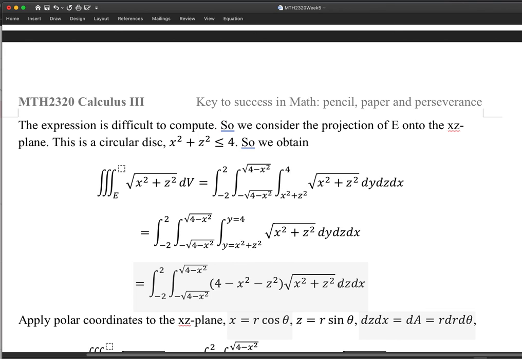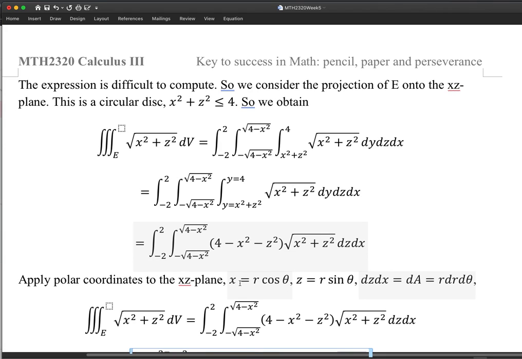If you are thinking about z and x only, it's still very hard. But we do understand that in the xz plane, that has to be a circle of radius 2.